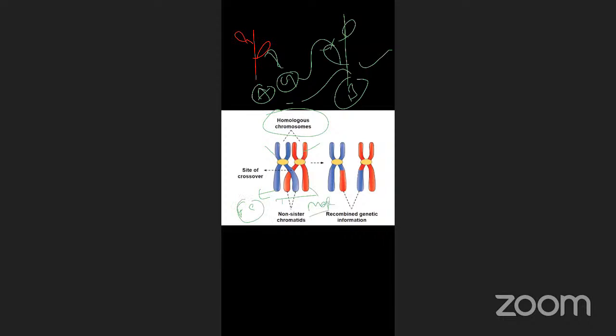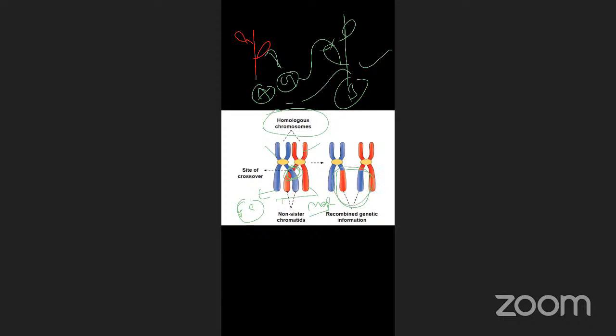But during crossing over in meiotic division, we can observe this region. During crossing over, genes are exchanged. That means one segment is transferred to another segment, blue to the red, red to the blue. That's why you can see here the exchange, the transfer of genes.